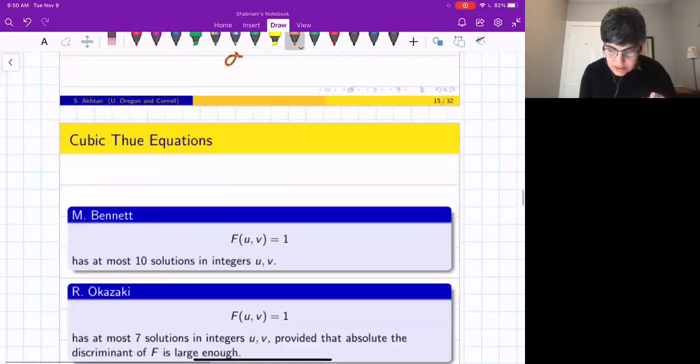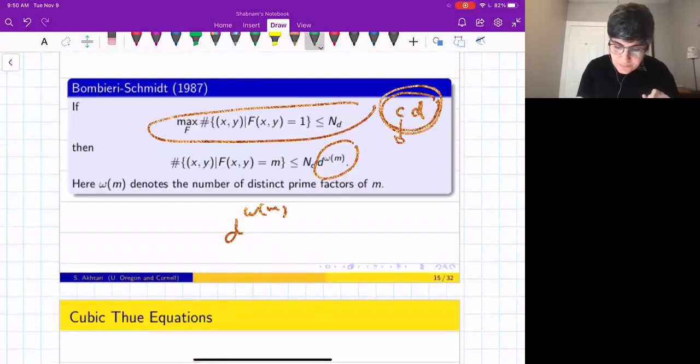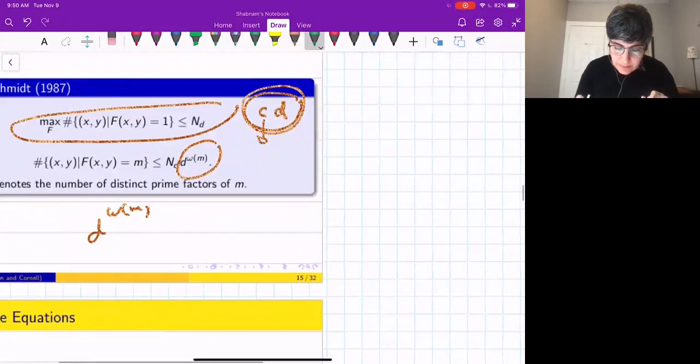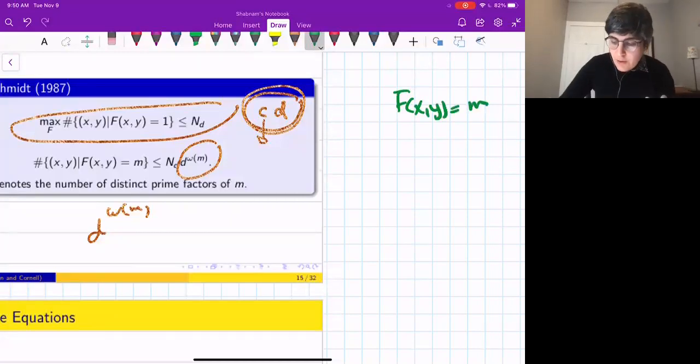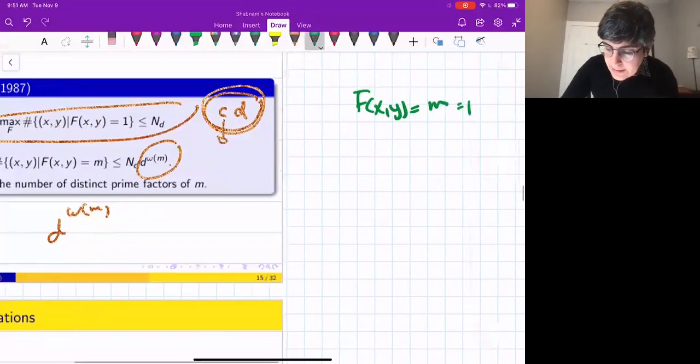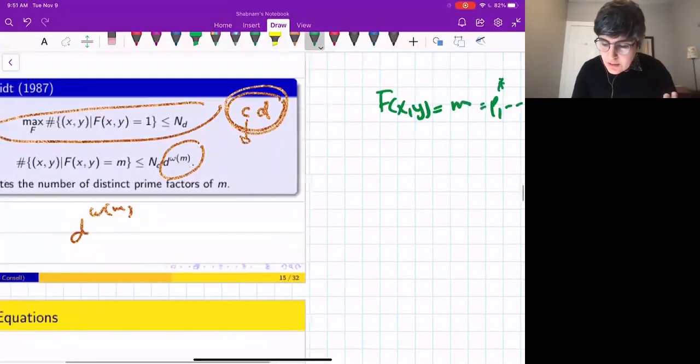But I also wrote it that way just to tell you what they are doing. They start with f of x and y equal to m, and they think of m as a product of some primes, and these primes can have powers. I'm going to ignore that for a little while.